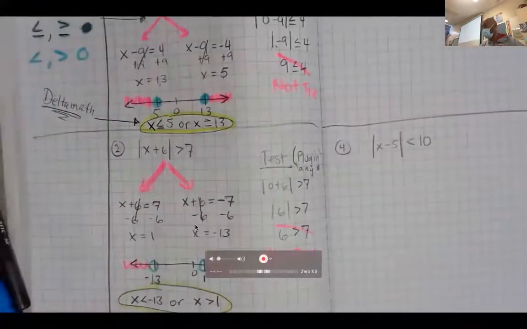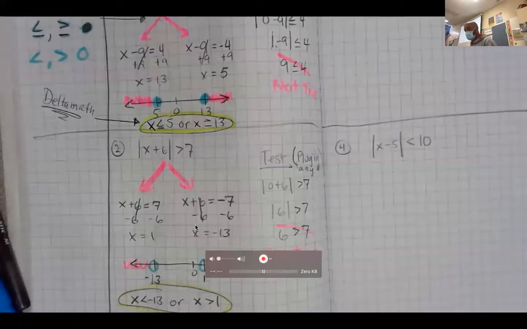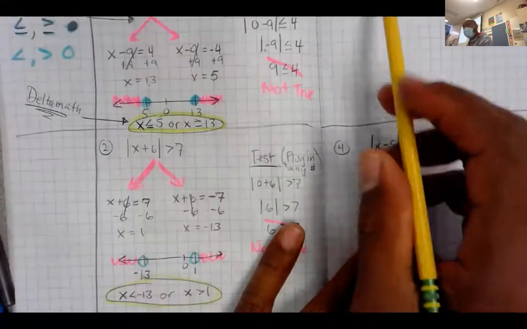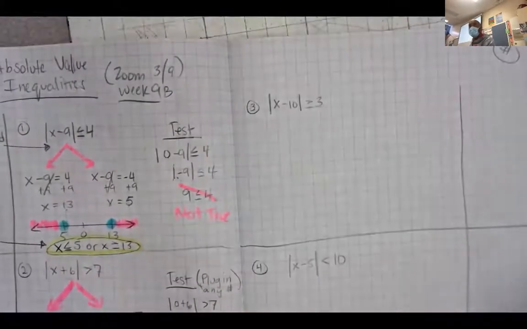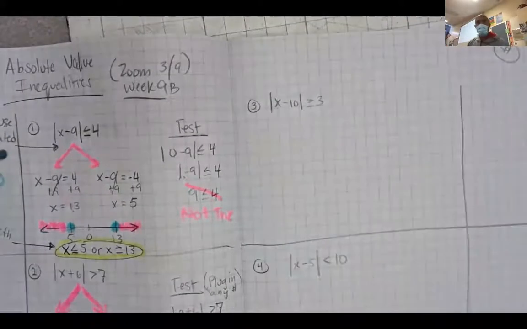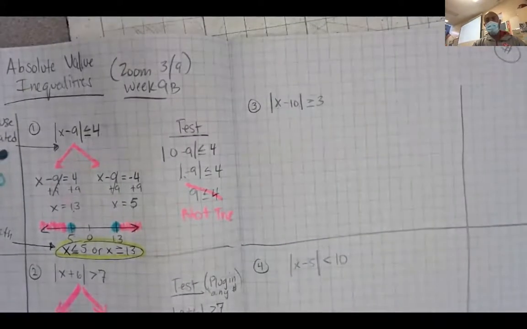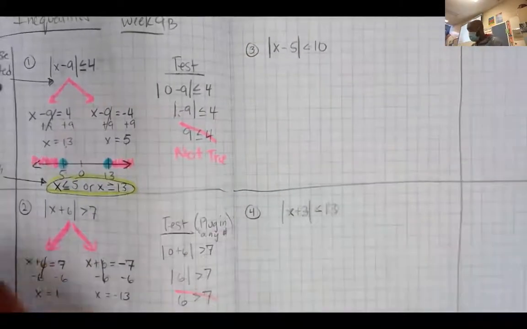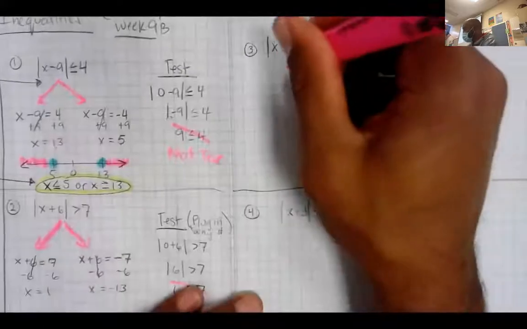All right, so let's take a look at another case here. I think I'm going to change up this third one because I would like to have a different type of problem. So just give me a second here. Okay, so now the absolute value of x minus 5 is less than 10. Again, everything's isolated. Let's split it.